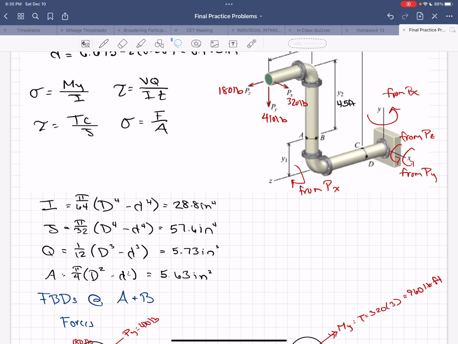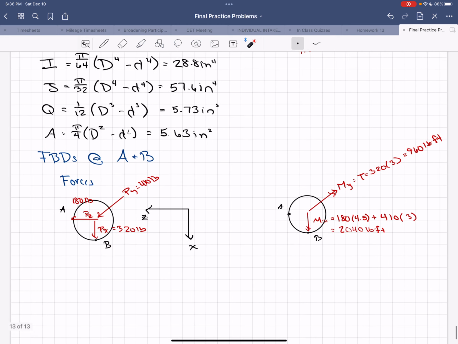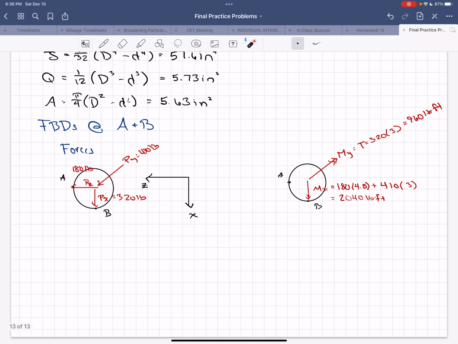we're going to have PX bending it around Z, so it's going to be this 320 times this 4.5 distance, and that acts in the negative Z direction.